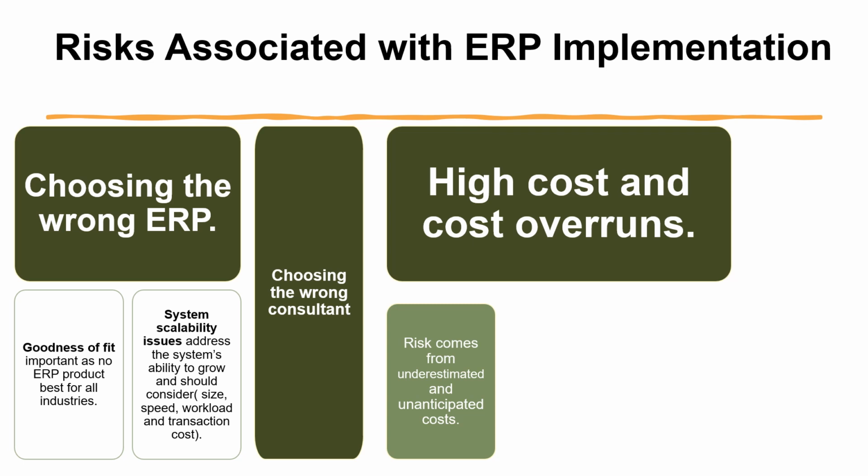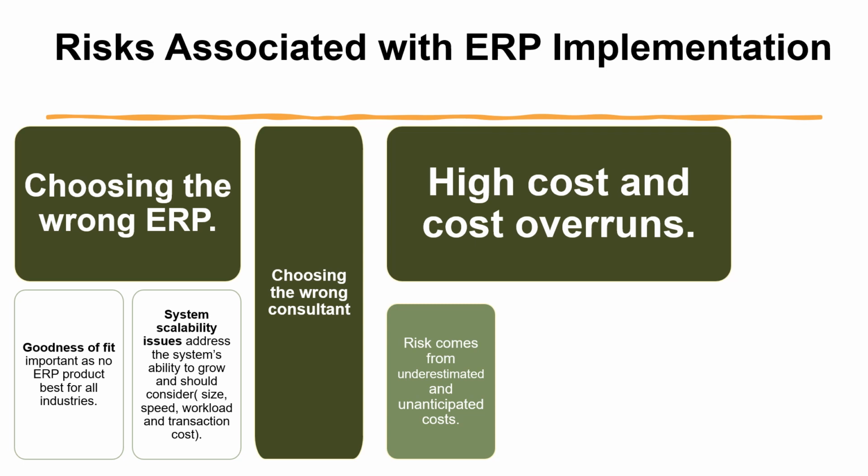Or let's say you get the amount that you plan or budget for the ARB implementation, but you don't plan for the unanticipated costs along the way of implementation.